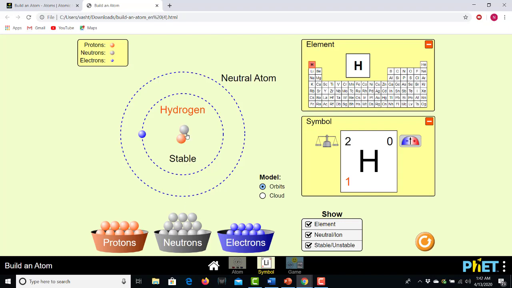So now we have deuterium, or heavy hydrogen. Now I'm going to add a second neutron. And as you can see, this new particle is unstable. And that means it's radioactive, and it will spontaneously decay.